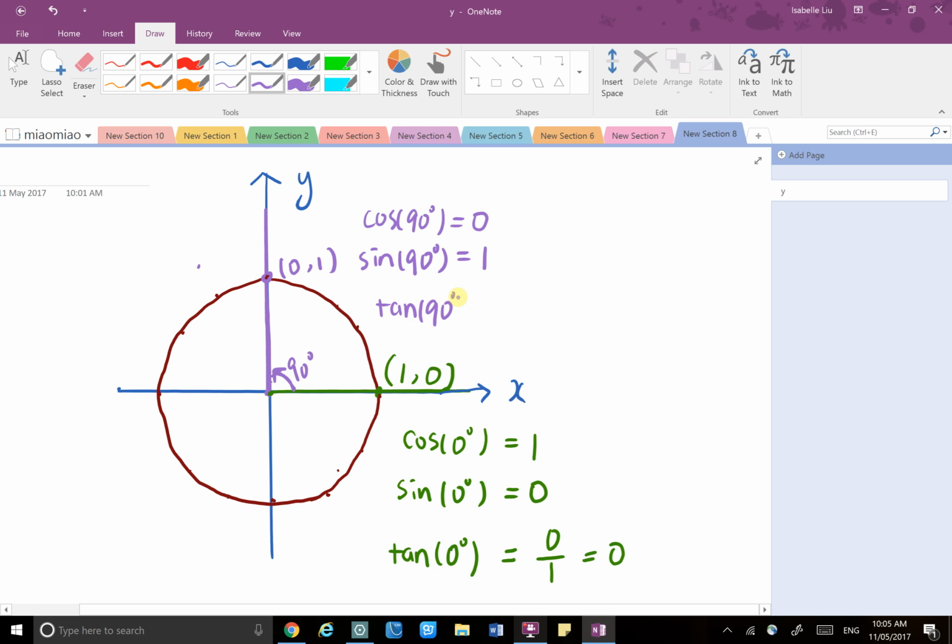Undefined. So we have sine 90 is 1, cosine 90 is 0, and tangent 90 is undefined.